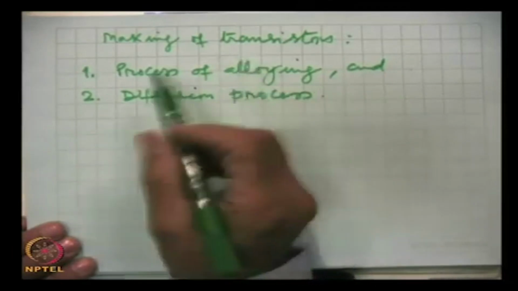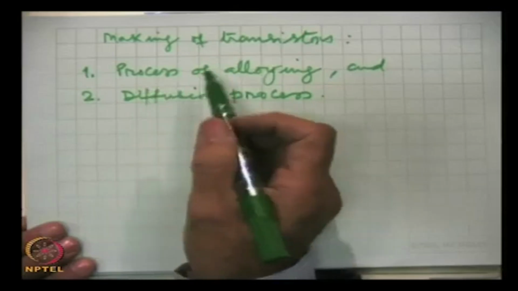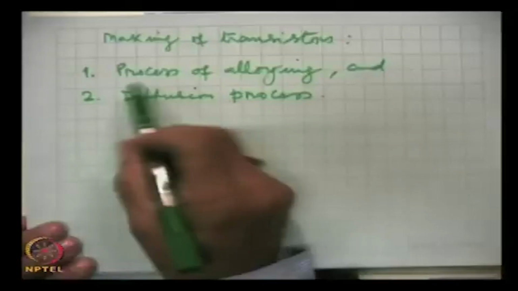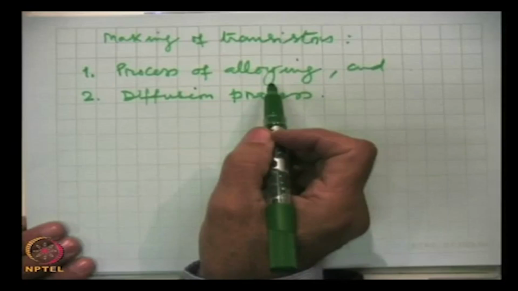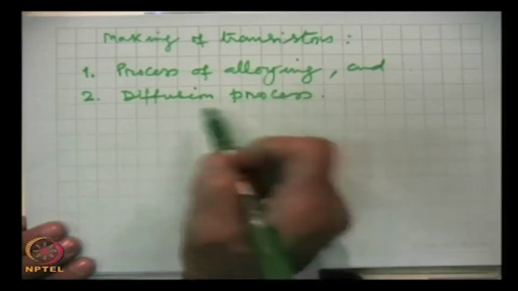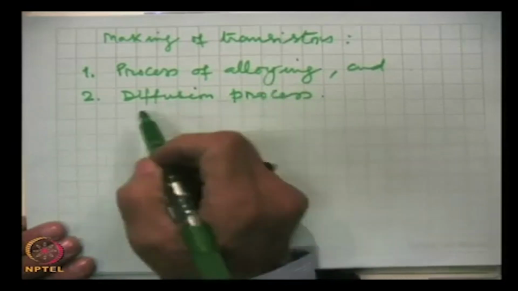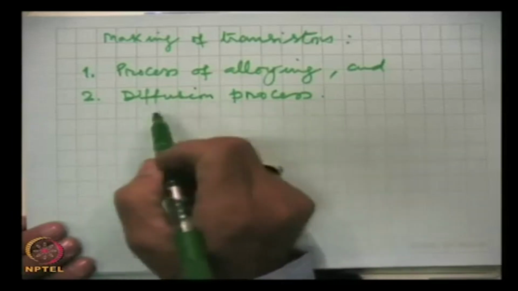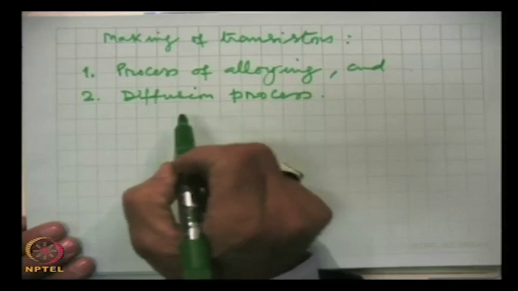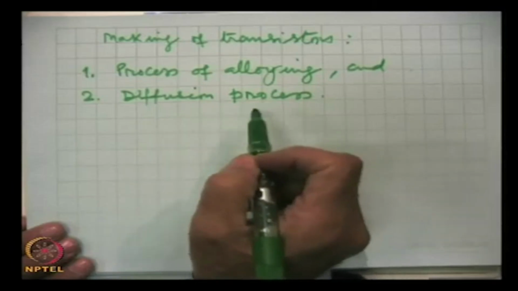The earlier transistors, I am talking of the 50s and 60s, the process of alloying was very popular, but it has been taken over by the diffusion process, which is of course very widely used and one of the mostly used processes for making integrated circuits. In integrated circuits there are 2 or 3 different processes.